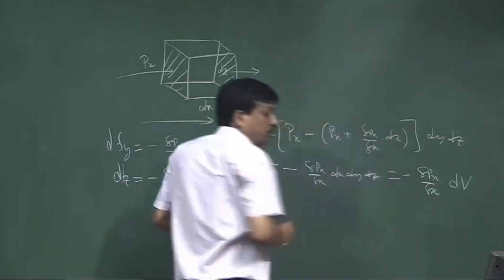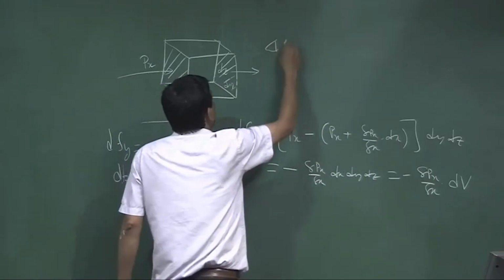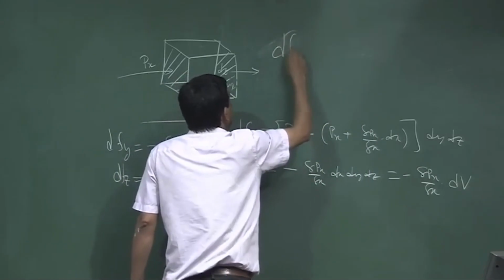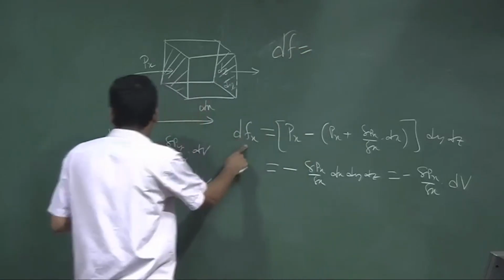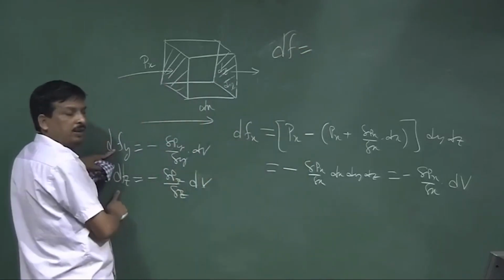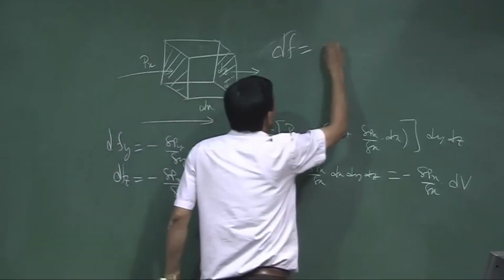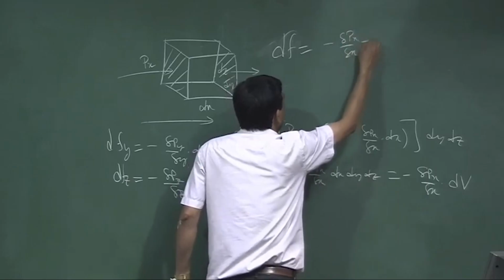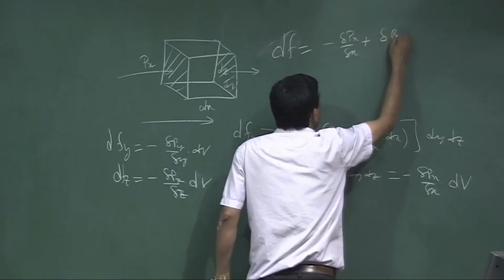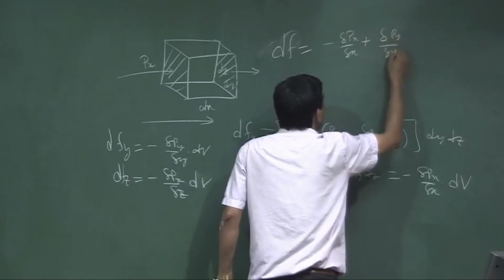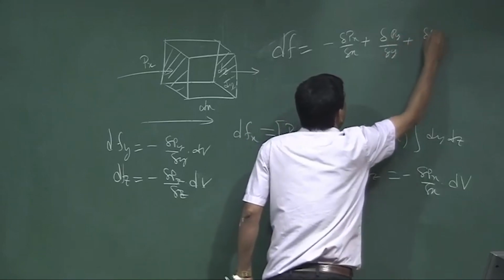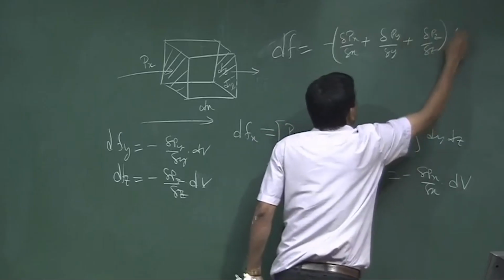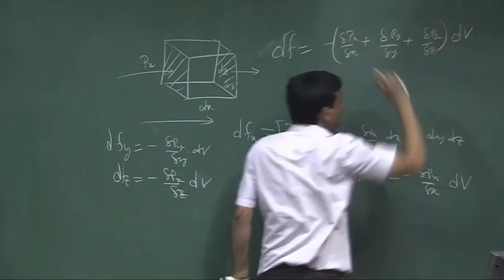So, the total force dF is dFx plus dFy plus dFz. It is minus del Px by del x plus del Py by del y plus del Pz by del z, into dV.